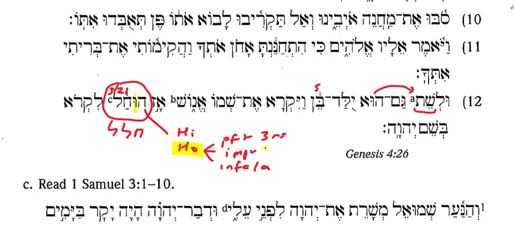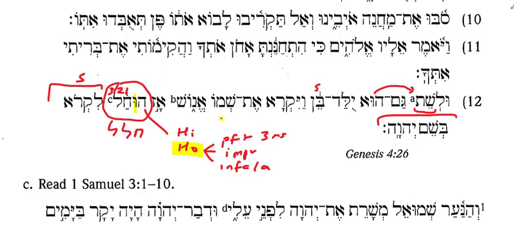Now, what is the "it"? I would suggest that this whole phrase is the subject of this passive verb. To call on the name of Adonai was begun. Oz, at that time. Okay? Now that sounds like quite laborious English, doesn't it?